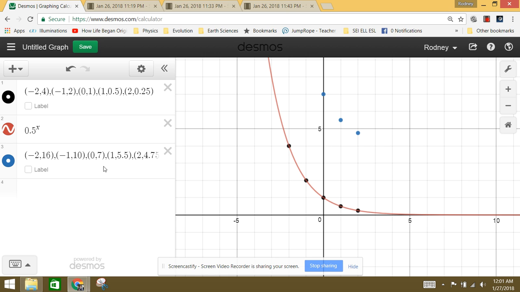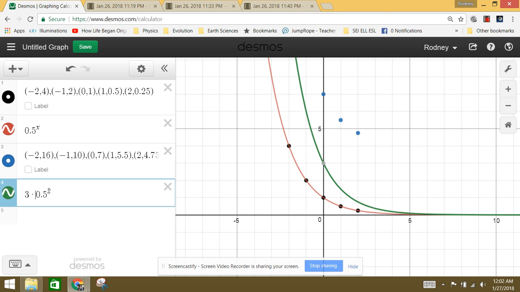Okay, so let's plot 0.5 to the x again, but we're going to multiply that times 3. Okay, so we get that first of all, and then we add 4 and it matches.